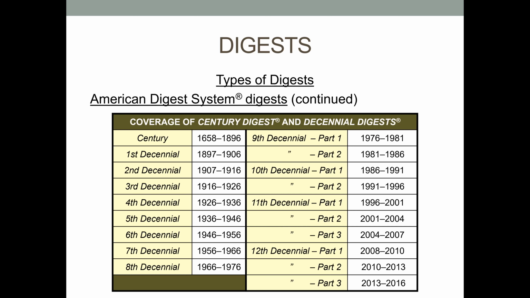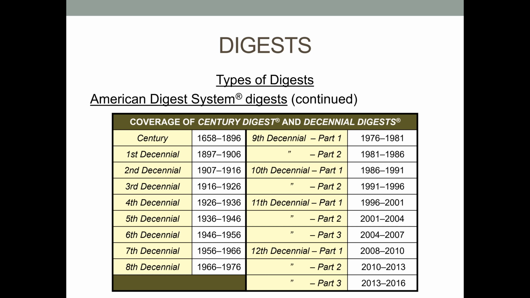And then you can see when we finally got into the new millennium, again, the number of cases coming out were so great that West decided to issue the 11th decennial in 3 parts and the 12th decennial in 3 parts. And the third part of the 12th decennial covers abstracts from cases decided between 2013 and 2016.